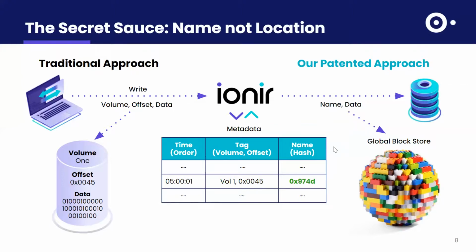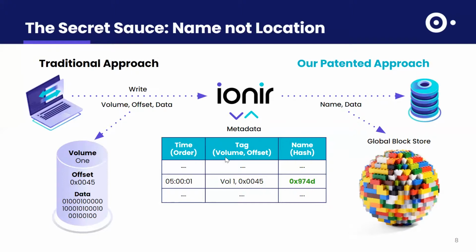So in doing that, we have taken the hash and used that as the name for the block, which contains this set of ones and zeros. And we only store that. We only store the name and the data in the global Blockstore.